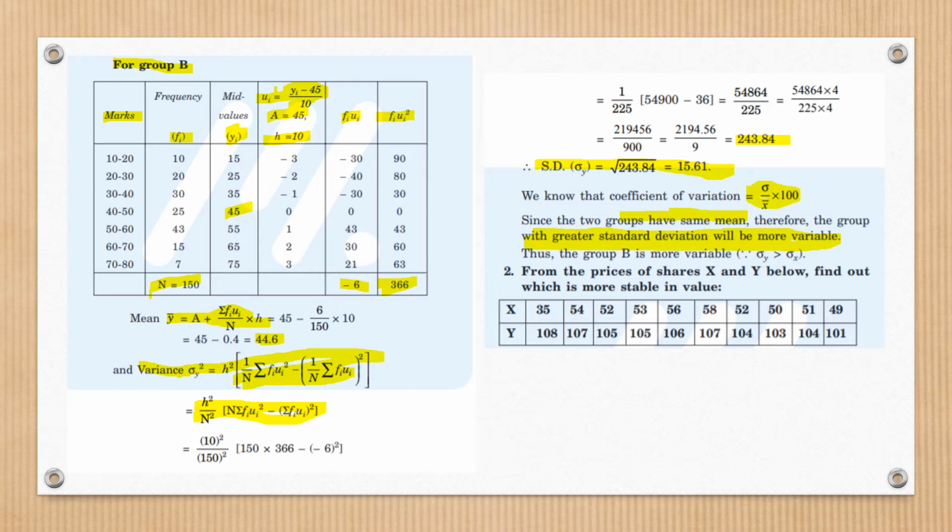We find that group B has the greater standard deviation, so group B is more variable, as sigma y is greater than sigma x.